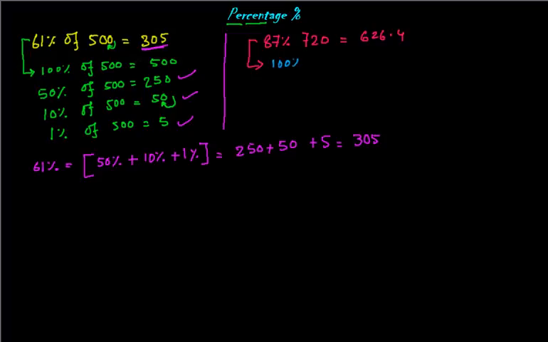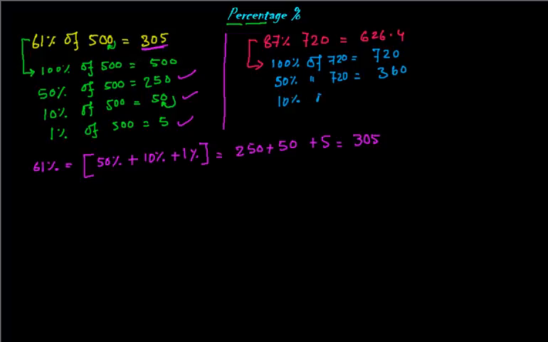100% of 720 is nothing but 720. 50% of 720 is half of 720, which is 360. We can easily do the half.